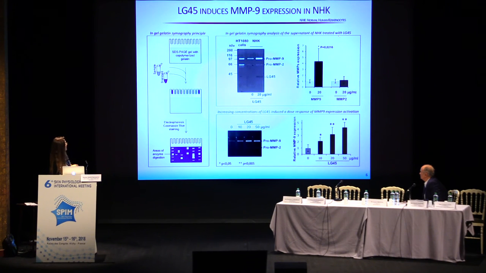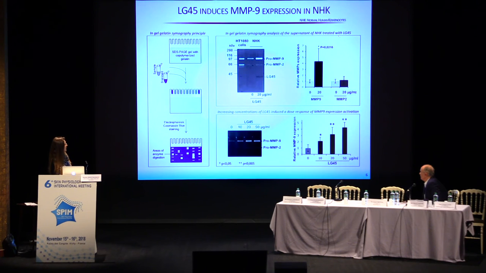An in-gel gelatin zymography consists in the incorporation of gelatin during the preparation of an acrylamide gel. After electrophoresis and staining with Coomassie blue, the areas digested by the gelatinases MMP2 and 9 appear clearer.